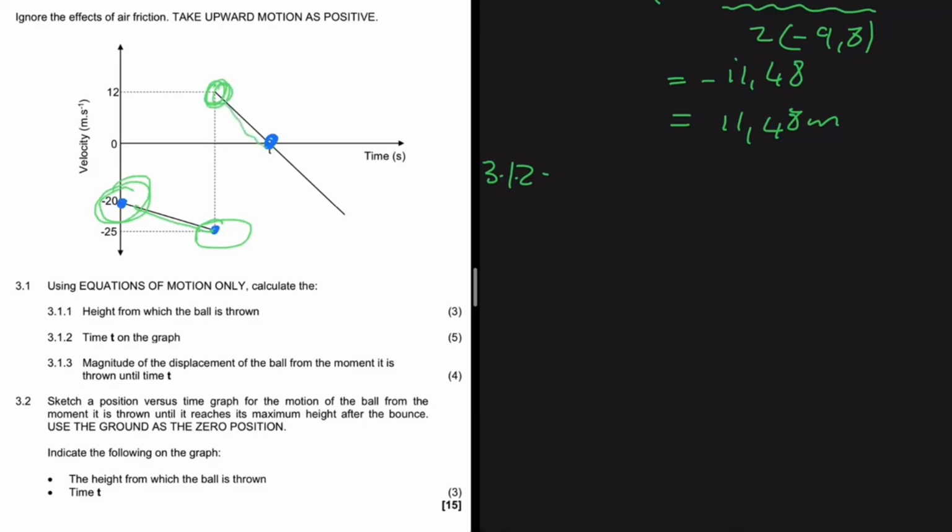Until it reaches its maximum height. So what we do here, we calculate the time for this part of the motion from the moment it is thrown downwards to the moment it hits the ground. And after we're done with that, we calculate the time from the moment it leaves the ground to the maximum height which it reaches, right, when its velocity is equal to 0.